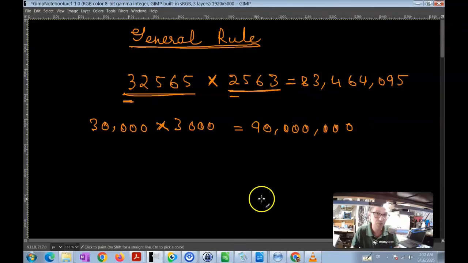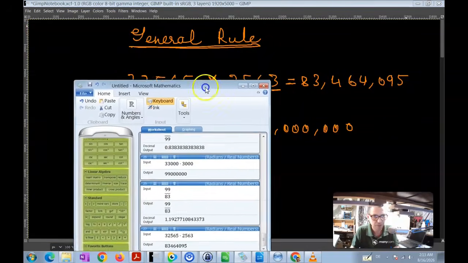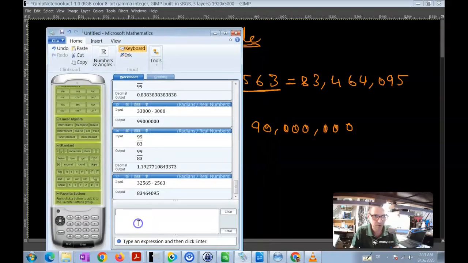And so if I want to see how close my estimated number is to the actual number, I will take my number, which is 90 million, and divide it by 83 million, for example.